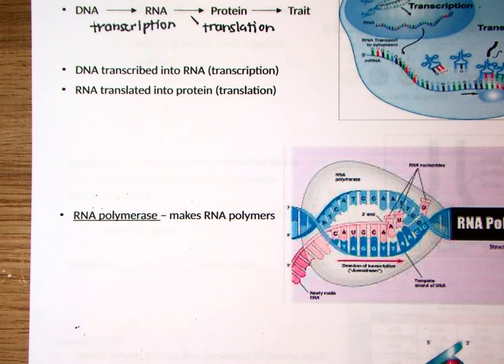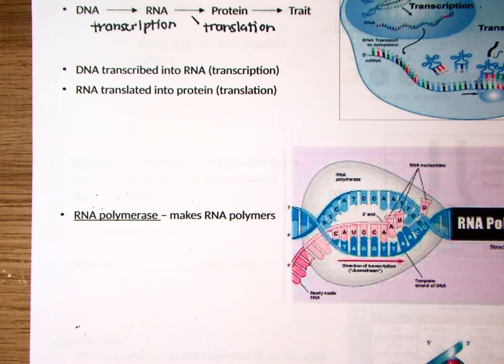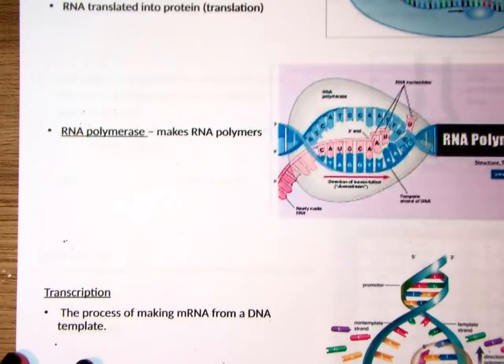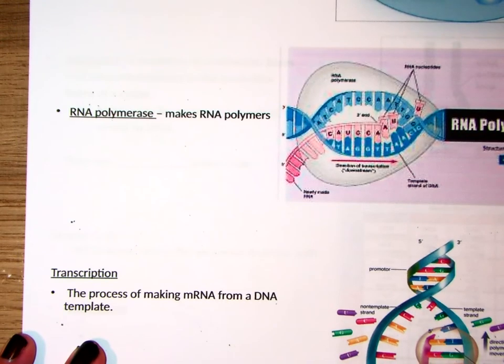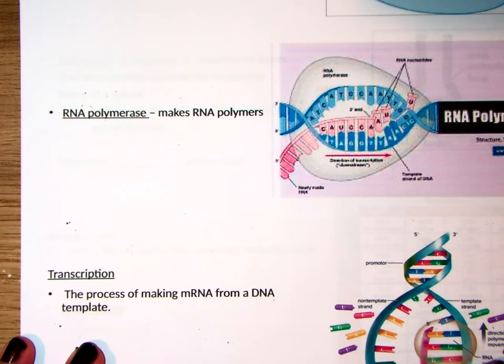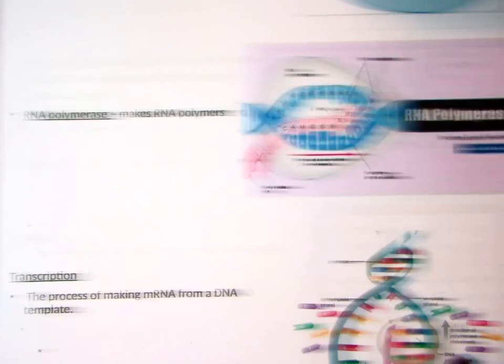It's a horrible explanation, but it'll make sense. And then translation, if you take what I'm saying and translate it to a completely different language, you're going to end up with a more drastic result. I don't know if that helps you at all or not, but when we talk about this, you'll see. So RNA polymerase, just like DNA polymerase, makes RNA polymers.